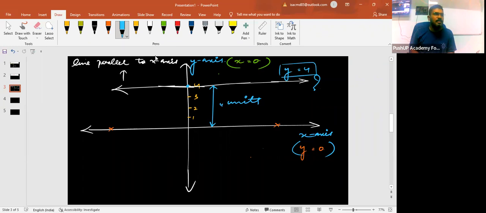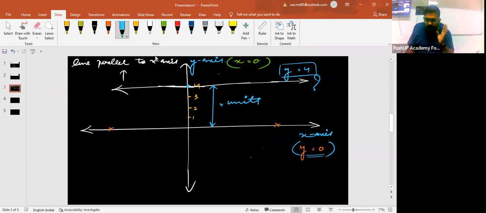Are you getting it, children? When I asked you, what is the equation of the x-axis? Your answer was y is equal to 0. But when my question is, what would be the equation of another line which is parallel to the x-axis and at a distance of 4 units? What would be your equation? It would be y is equal to 4. And it's very easy to determine, children.